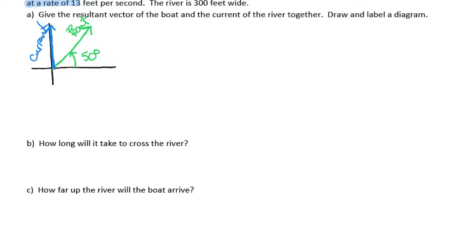Okay, so we need to find the boat vector. And remember, we're going to do the magnitude times the cosine of the angle. So the magnitude is 20 feet per second. So it's 20 cosine 50 for my x component.